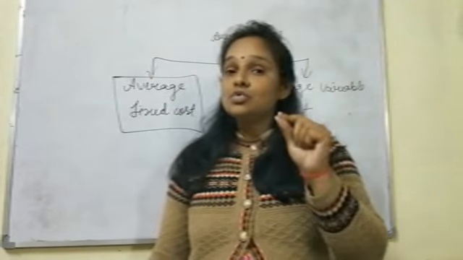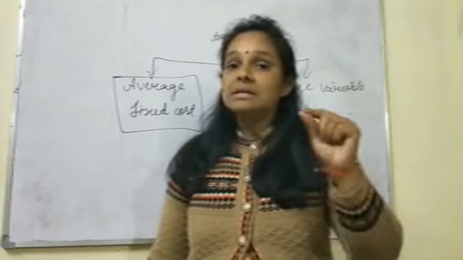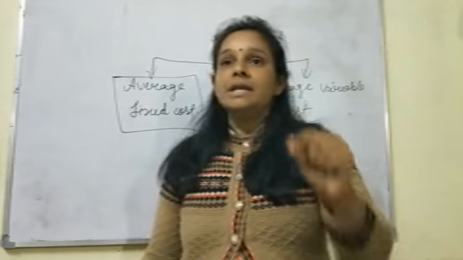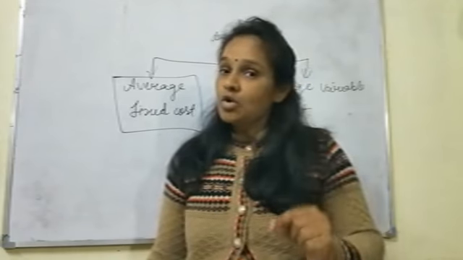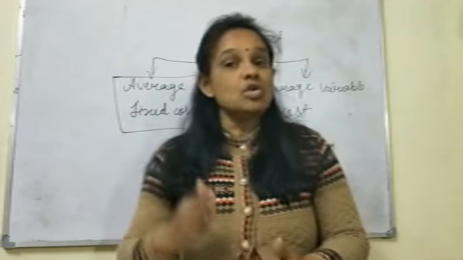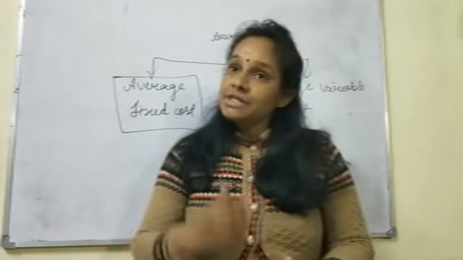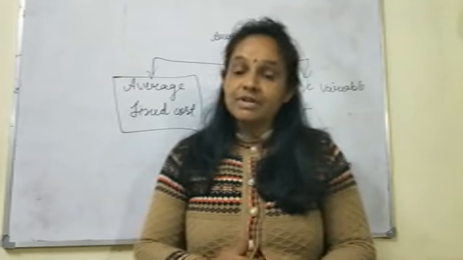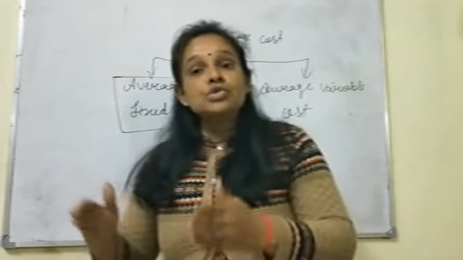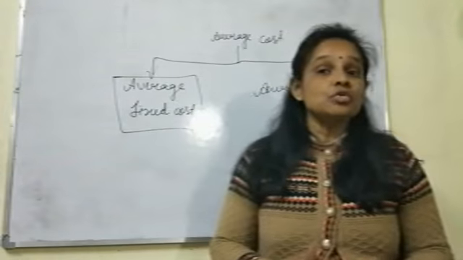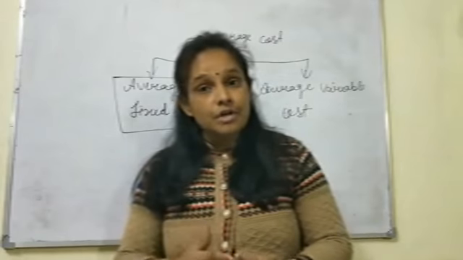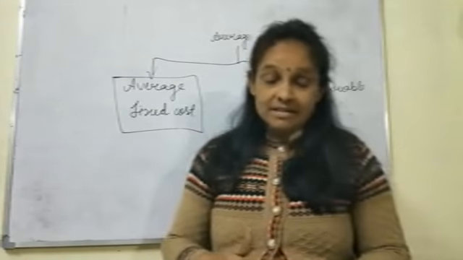Total cost is the total cost incurred by the firm on all the types of input, that is fixed as well as variable cost, in producing a given quantity of the commodity. What is the meaning of total fixed cost? You people have written the total cost incurred by the firm on the use of fixed factor. What is the meaning of total variable cost? You people have written the total cost incurred by the firm on the use of variable factor.